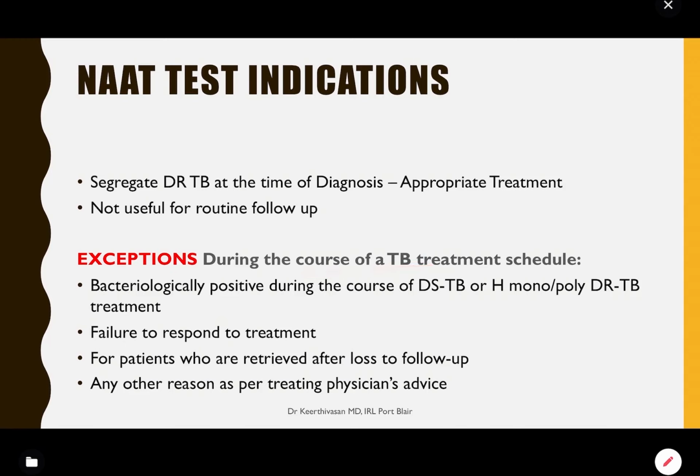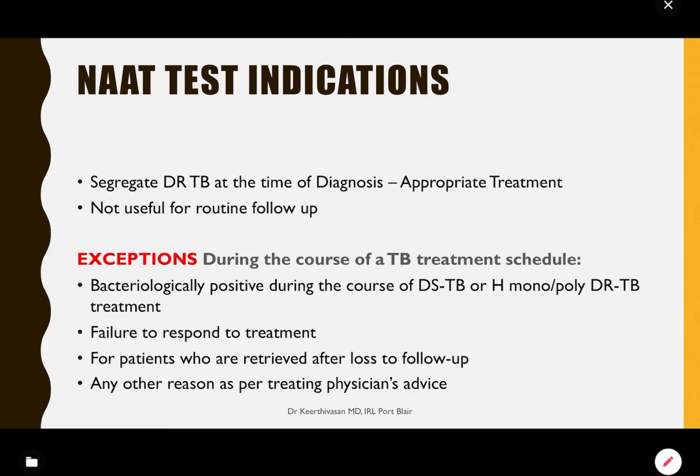First is during the course of drug sensitive TB. At the time of diagnosis, they did a NAT and got RIF resistant not detected. After that, it was sent to first line LPA, where they test not only for rifampicin but also for isoniazid.